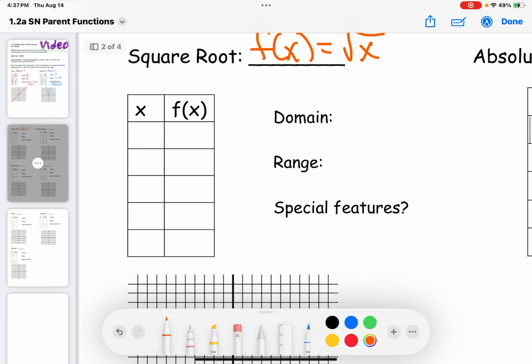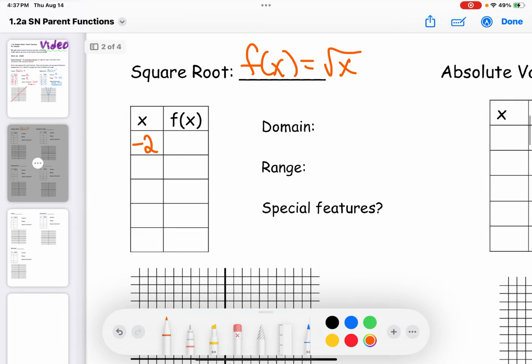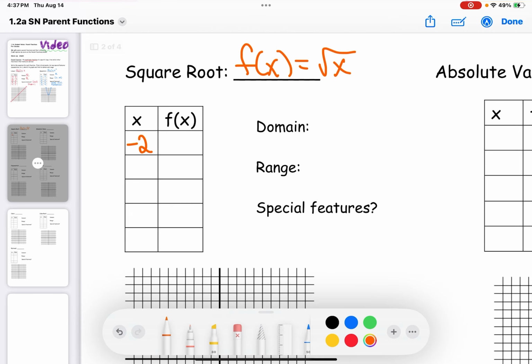If we have a negative number for x, we can't take the square root of it. That's non-real. It's imaginary. We'll deal more with those later. We can take the square root of 0, which is 0. If x is 1, the square root of 1 is 1. I don't really want an x of 2 because I don't want to take the square root of 2.